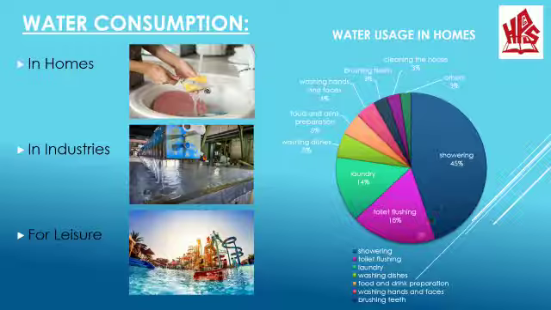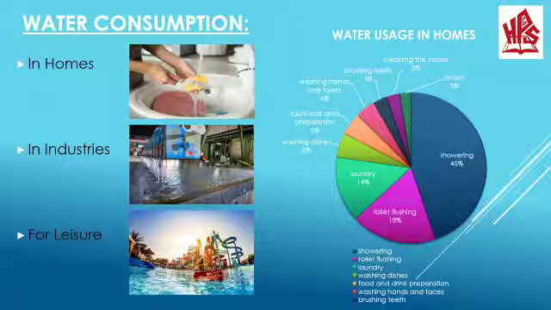In showering, people use 45% of water, in toilet flushing 18%, in laundry 14%, in washing dishes 5%, food and drink preparation 5%, washing hands and faces 4%, for brushing teeth 3%, for cleaning the house 3%, and other uses, for example gardening, 3% of water is used.